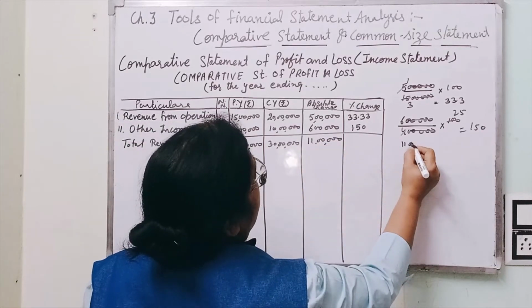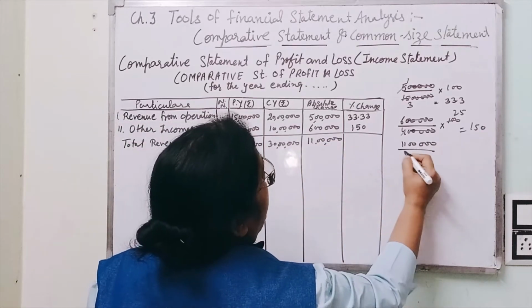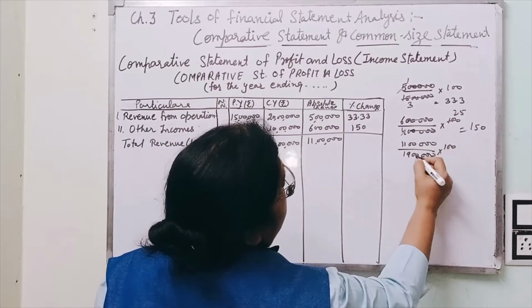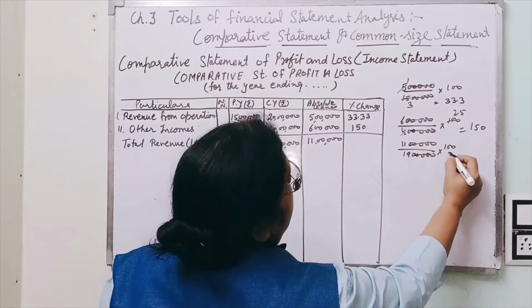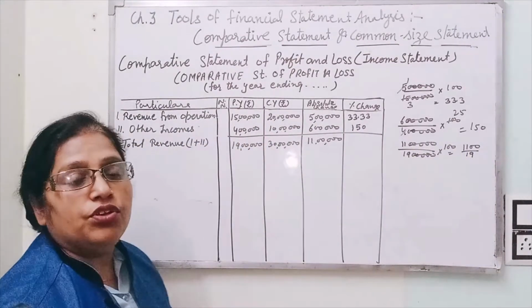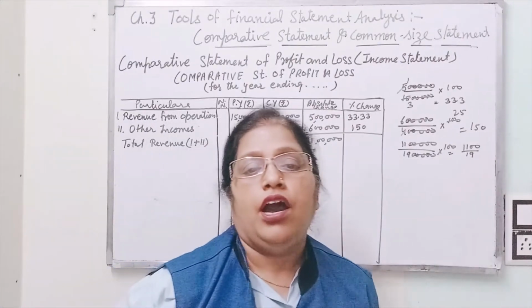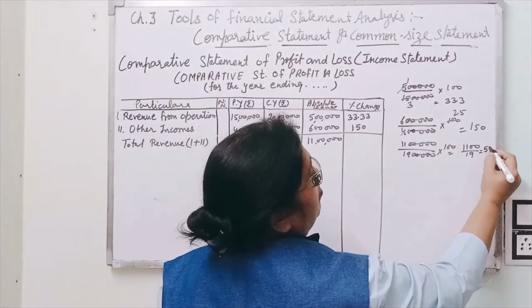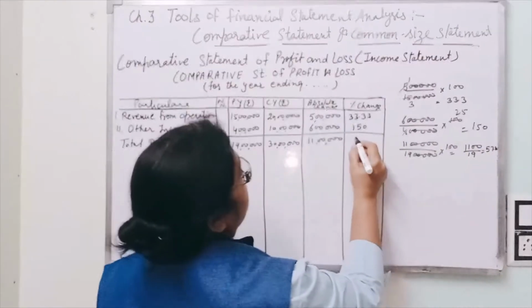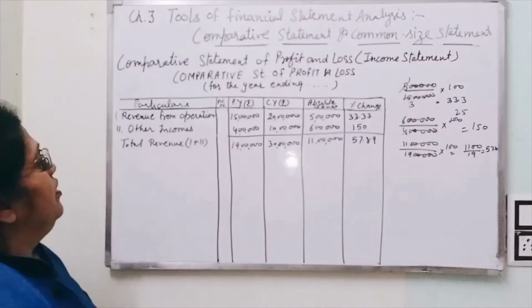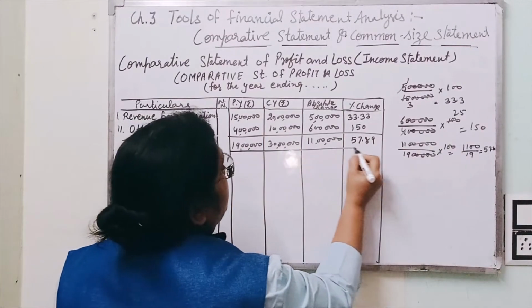Percentage change 11 lakh upon 19 lakh multiply by 100. 1100 upon 19. So it comes to how much percentage? 57.89%. This is the total revenue.